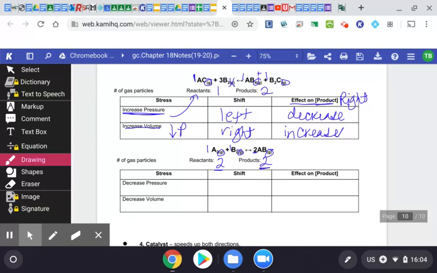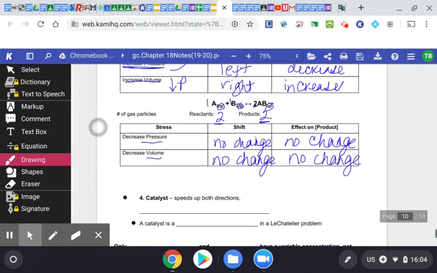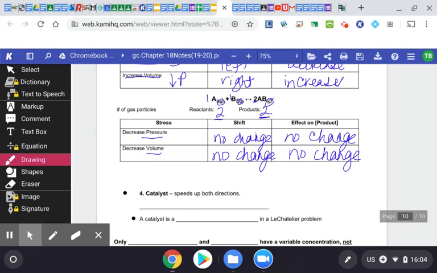Now I don't have fewer or more gas particles, which means my pressure and volume are going to have no effect on equilibrium. So I would write everything as no change, no change. So anytime you have the same number of gas particles on both sides of the reaction, it is going to be no change to the shift and the effect on product or reactant concentration.